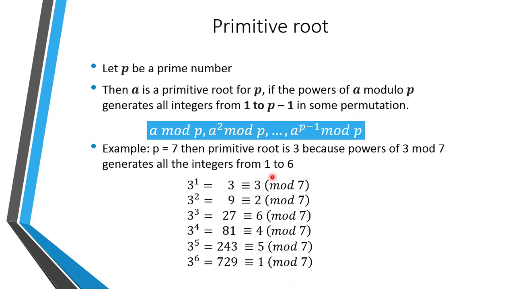In that way we are getting the numbers from 1 to 6, that is p minus 1. So 3 is a primitive root of 7. In this way we have to check for all the numbers, and any prime number can have more than one primitive root. This is useful to calculate the primitive root in the example of the Diffie-Hellman key exchange algorithm.